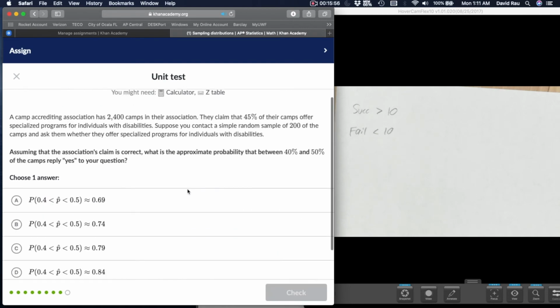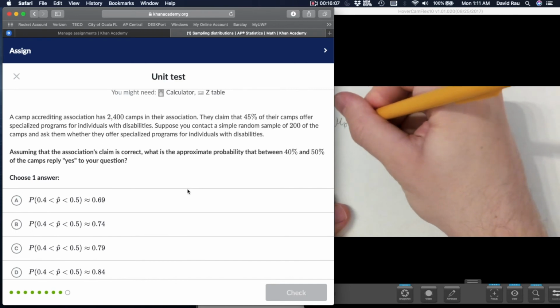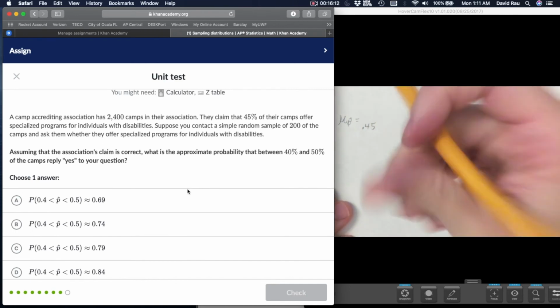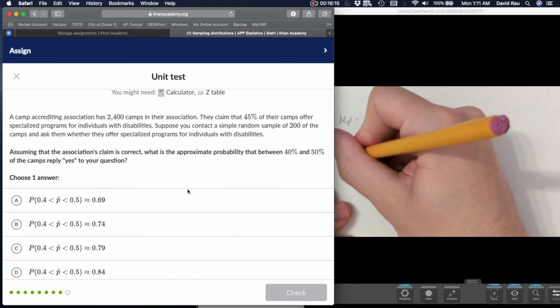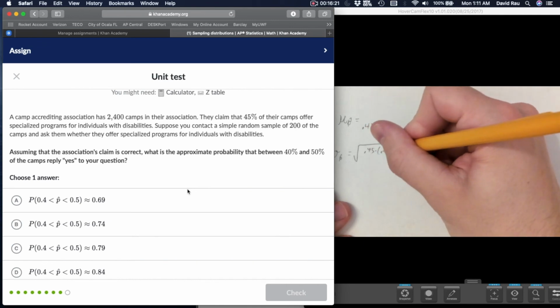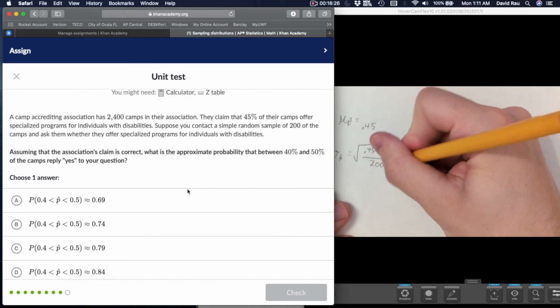Okay, last question, and then again, it's kind of a normal CDF question, so I'm going to go a little quicker this time. So first we have the claim, which is what we're going to take to be our mean, that it's 0.45, and we're about to do a random sample of 200, so that means our standard deviation is going to be the square root of 0.45 times 1 minus that, which ends up being 0.55, all over the sample size, which is 200 in this case.